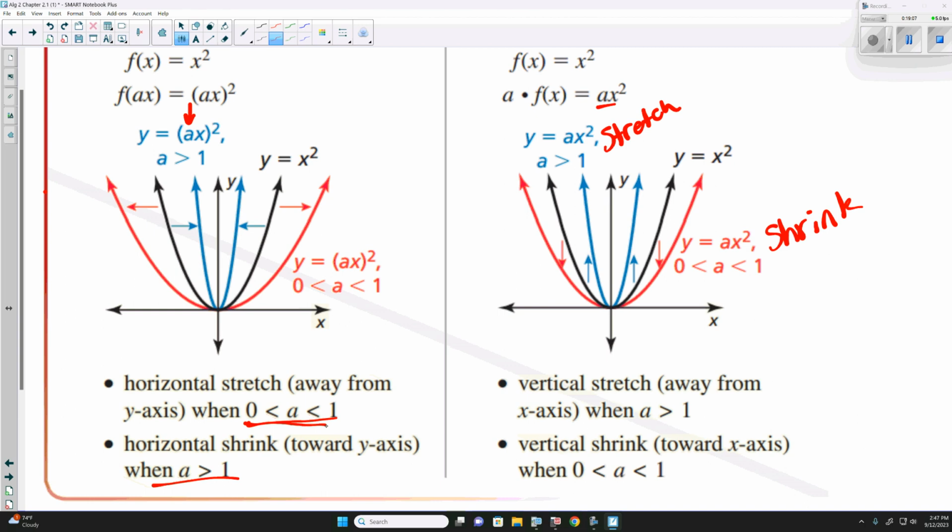Opposite of what we think. So a horizontal stretch is between 0 and 1. A horizontal shrink is greater than 1. And again, when we talked about applying horizontal stretch and shrink, we had to flip it, yes? Still have to do that here.